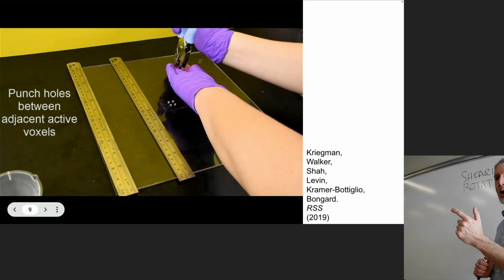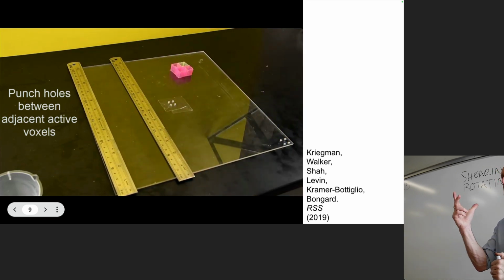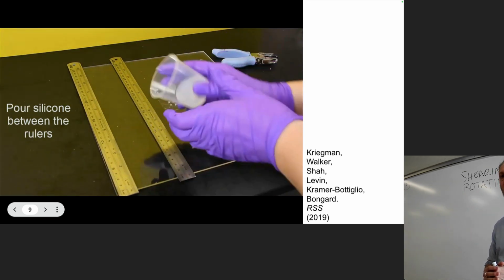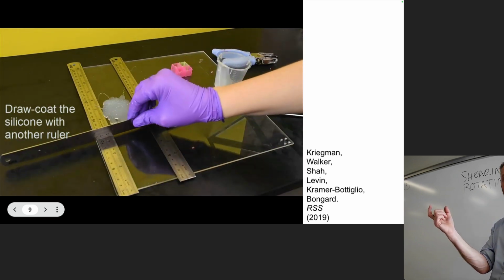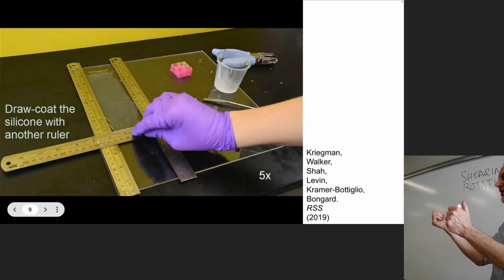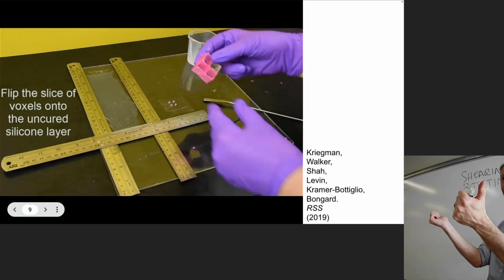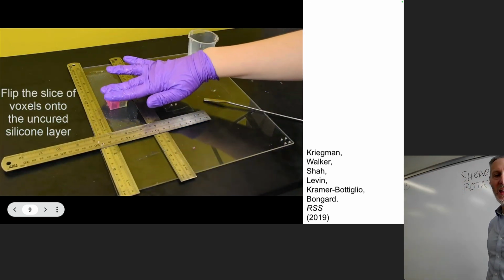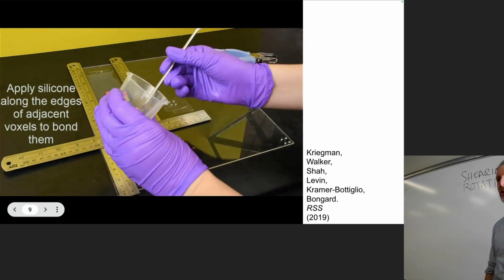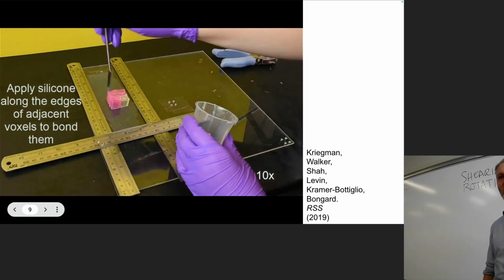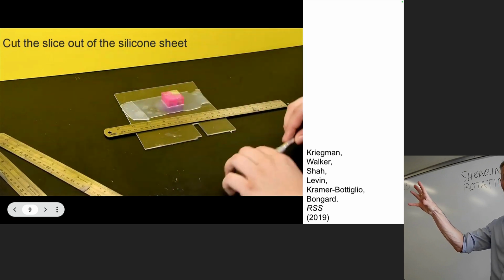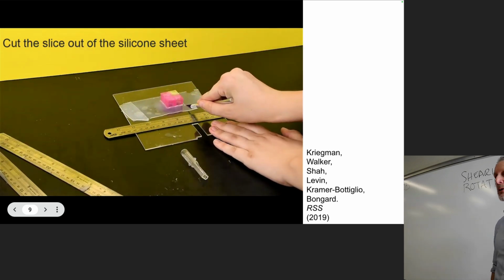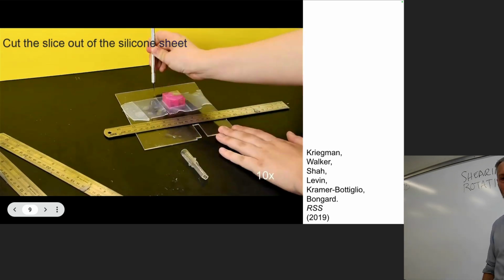When we apply the hose to one side of the robot and supply pressurized air through that hose into the robot, that pressurized air is going to enter the voxel. But if there are holes on any side, we can send that air through different channels within the body of the robot. And we can select which voxels are going to increase and decrease in volume when we supply air in and out.